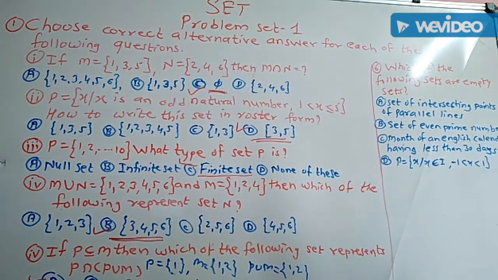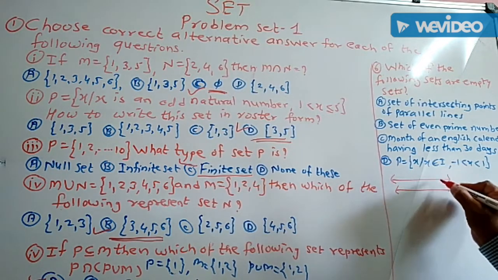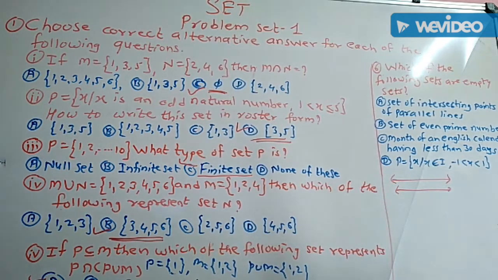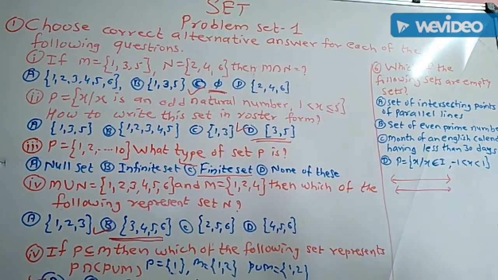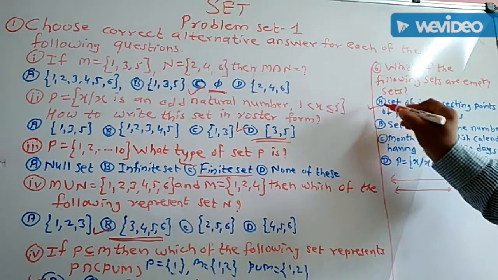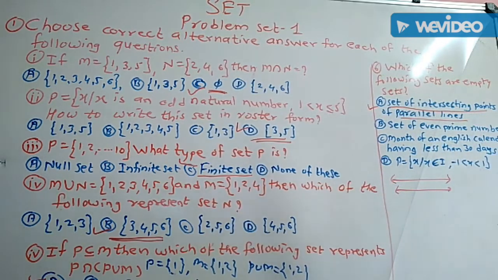Now, set of intersecting points of parallel lines. Suppose these are two parallel lines; you already know that there is no intersecting point between two parallel lines. That means the set of common intersecting points of two parallel lines is an empty set, and therefore our option is A.